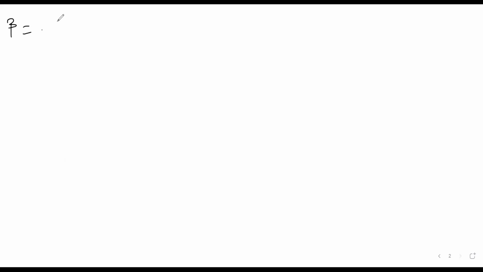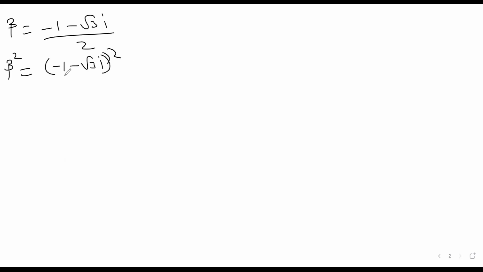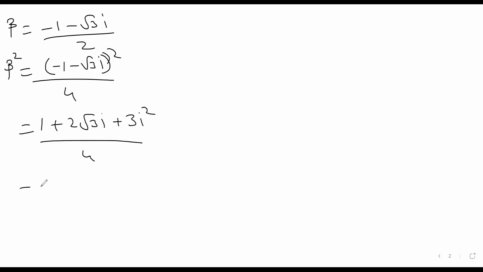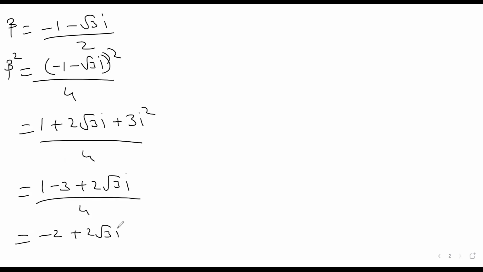Similarly, we'll find out beta square. Beta is minus 1 minus root 3i upon 2. Beta square is (minus 1 minus root 3i) whole square upon 4. 1 plus 2 root 3i plus 3i square upon 4. 1 minus 3 plus 2 root 3i upon 4, minus 2 plus 2 root 3i upon 4.